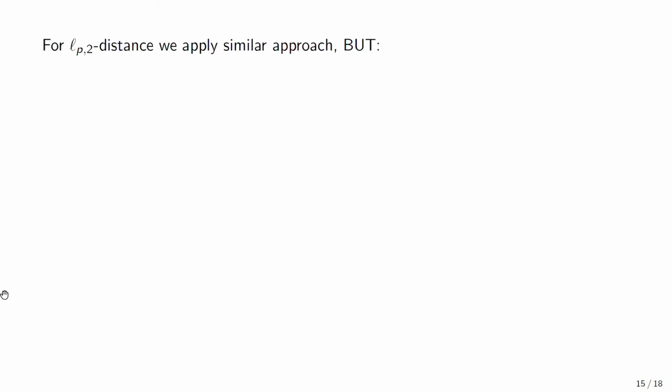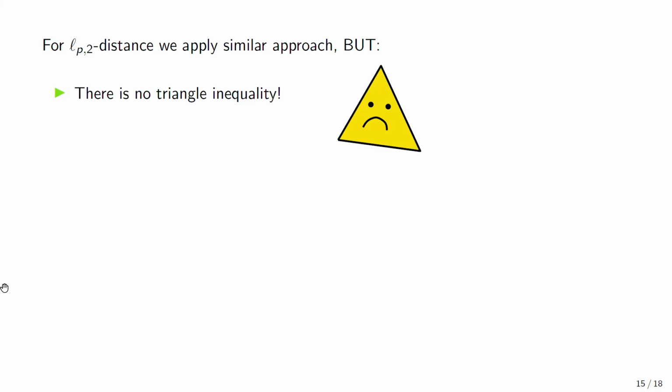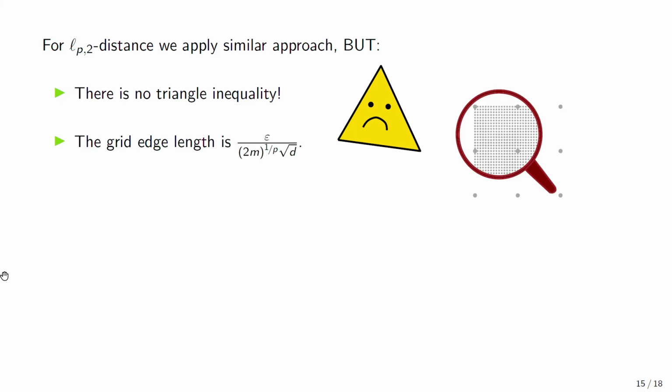We apply a similar approach for the L_p distance, but there are some challenges here. First, we cannot use the triangle inequality, which does not apply to the L_p distance for finite p. The second challenge is that the grid that we use has to be more dense.